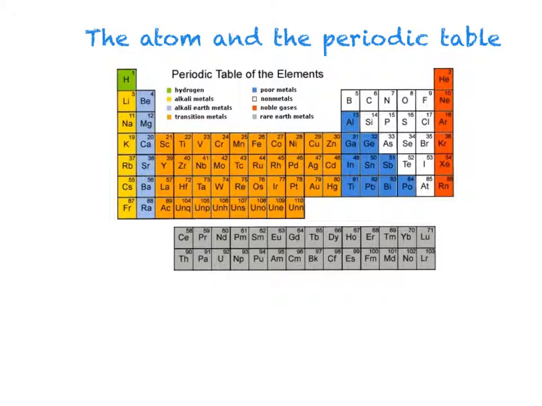Next we'll move on to the section called the atom and the periodic table. The periodic table is arranged by the properties that elements have in common.